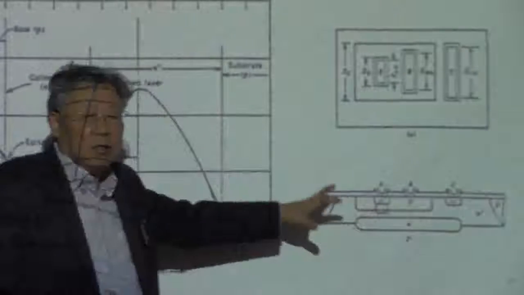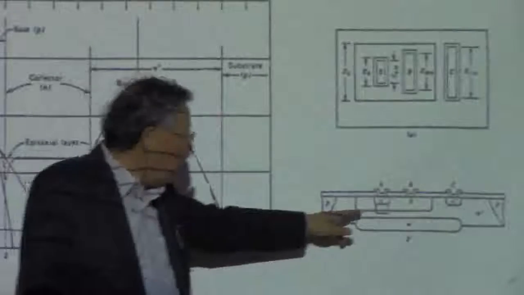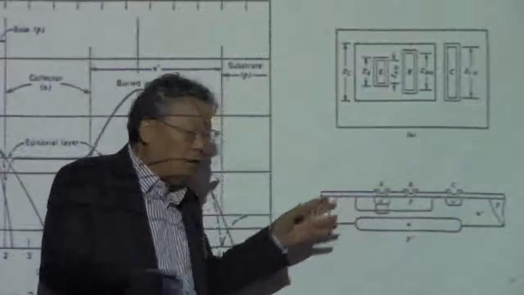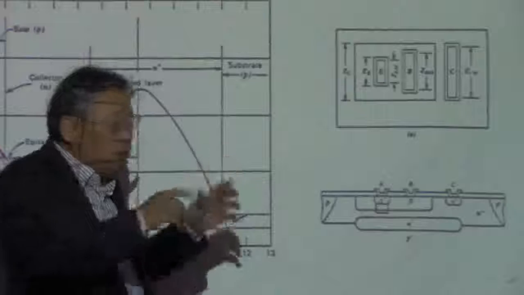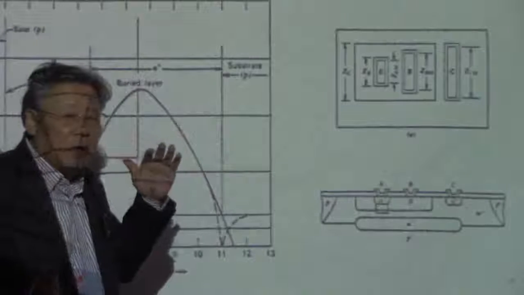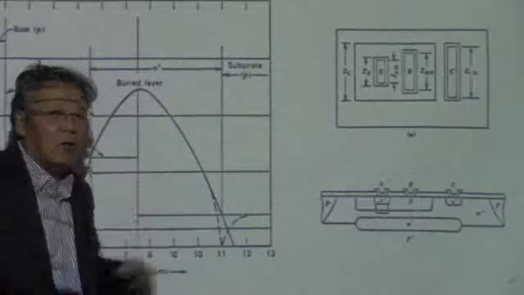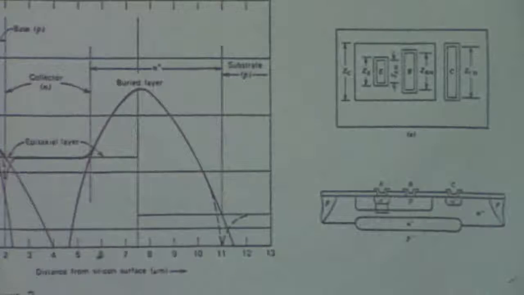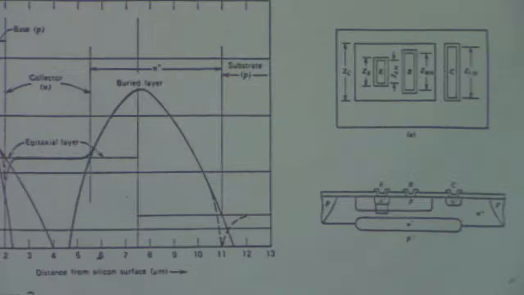And that is called the emitter push, right? And then that emitter push will make the WB, the base width, a little bit wider, longer than we expected, so that it is not going to be good for the electrical properties of the device, right?